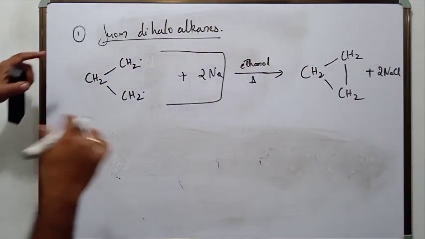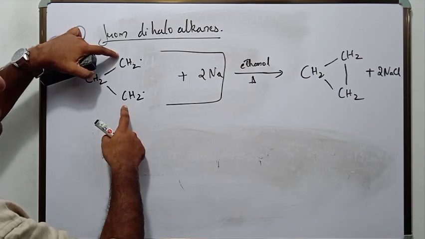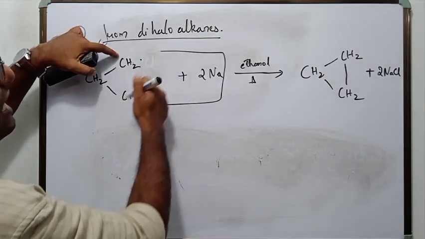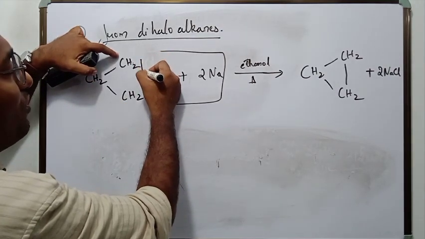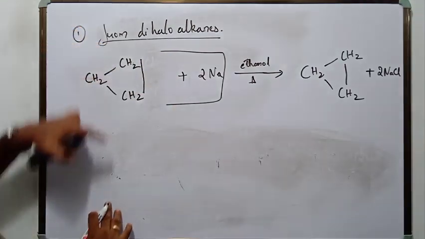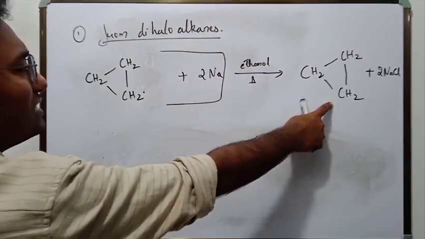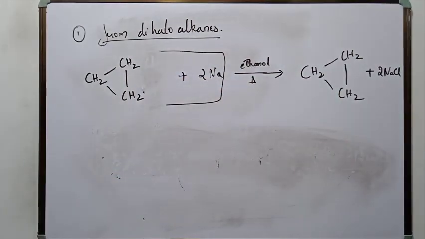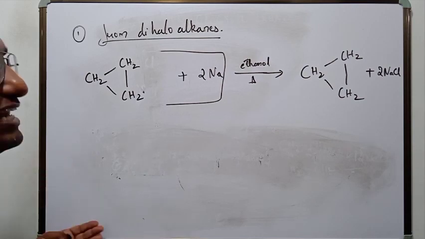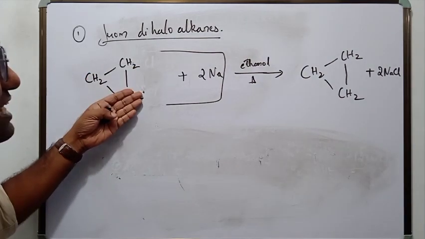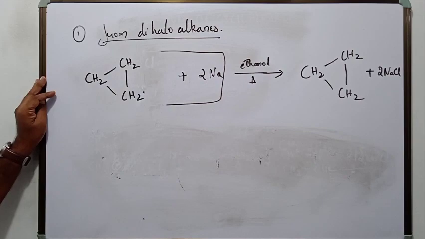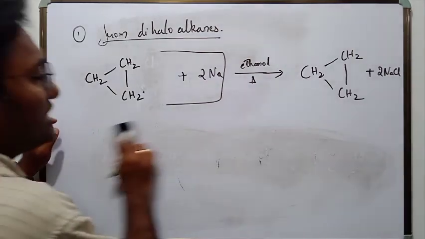Now these carbon atoms share their unpaired electron and that results in covalent bond formation, and that is how cyclopropane is formed. So this is the actual process behind it. You can say the mechanism is a free radical mechanism, where free radicals are formed and then combine. So this is an extension.